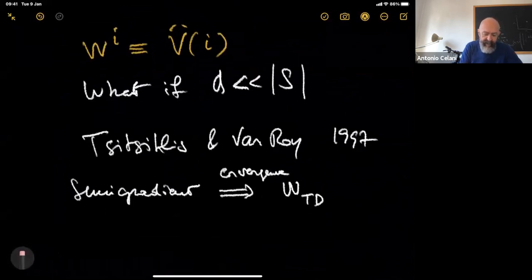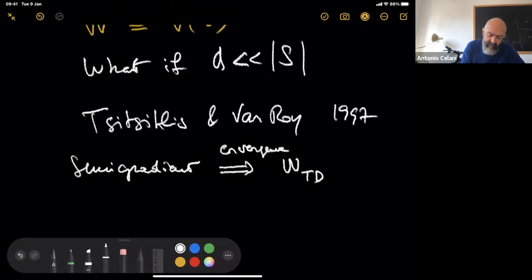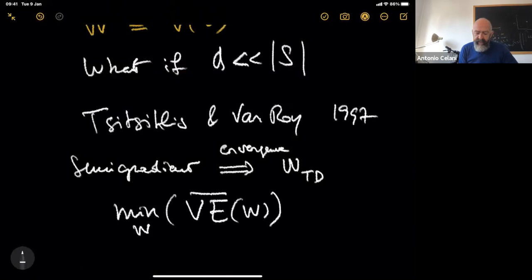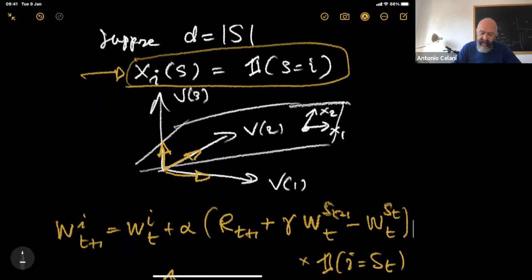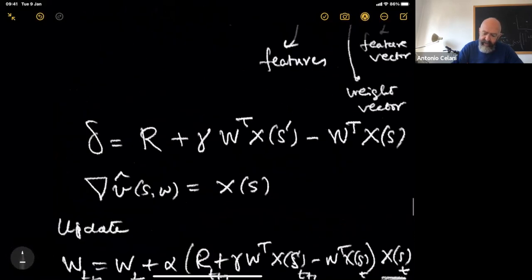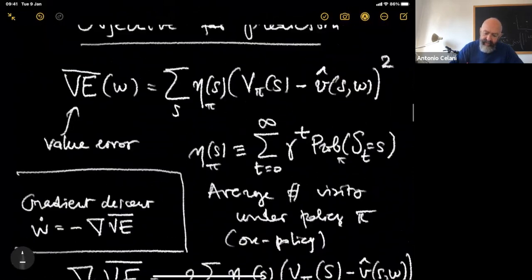It's useful to compare this with what happens if you find the absolute best approximation, the minimum over all possible w of the value error. Geometrically, it's better if we go back to the previous drawing.